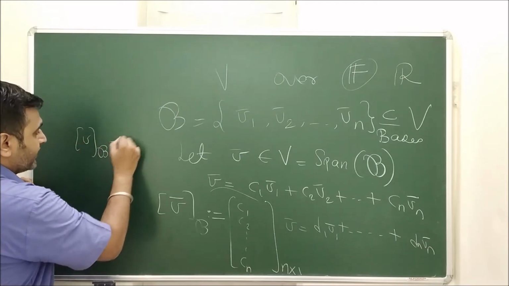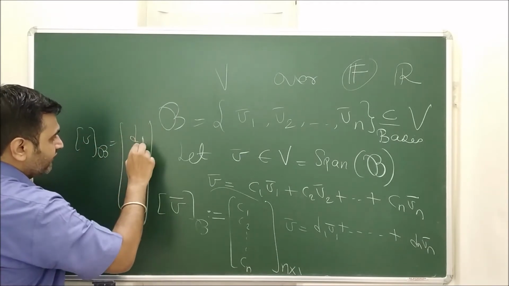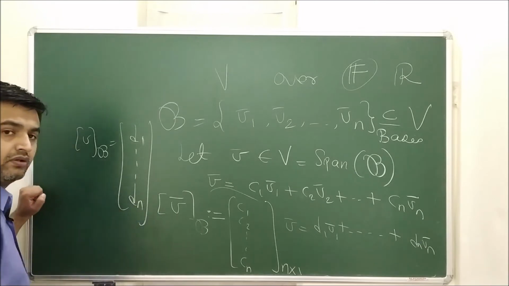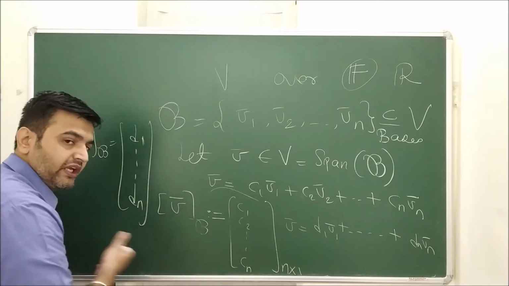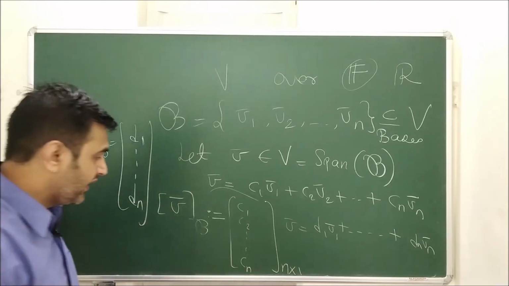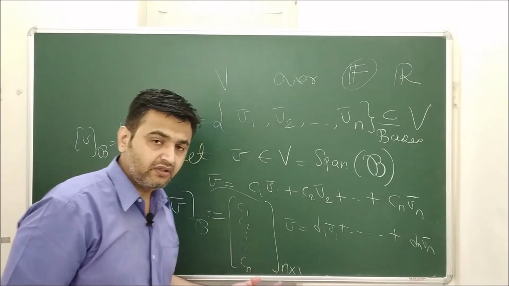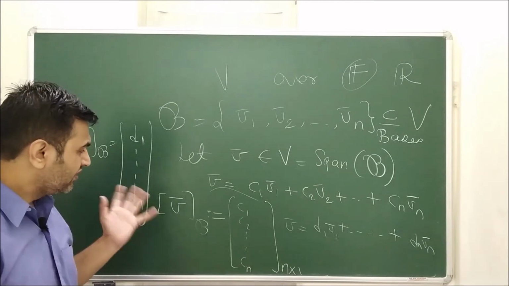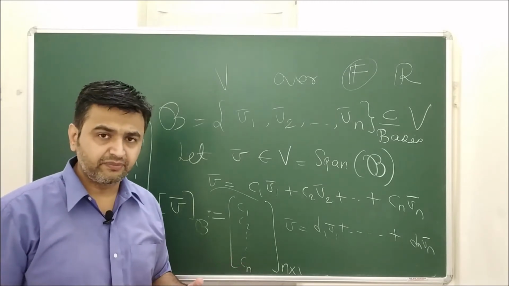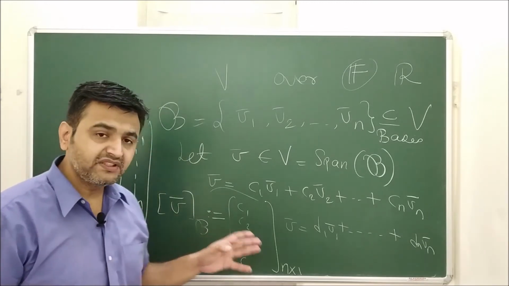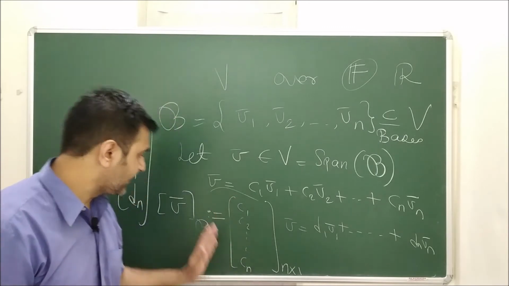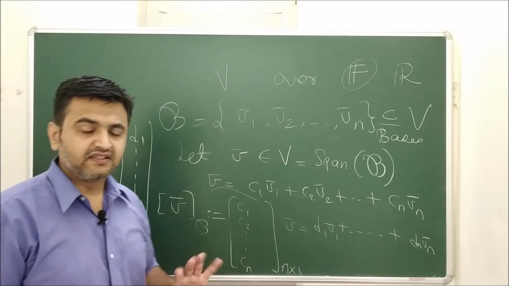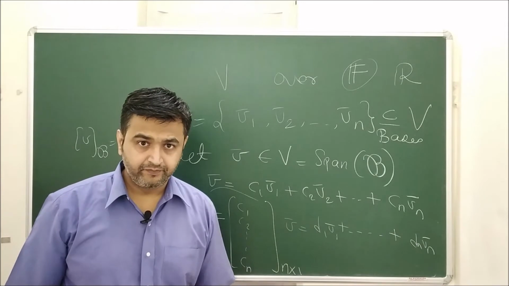Your coordinate vector will be d1 to dn. But this should not happen, right? If I am working on a problem and playing with this coordinate vector, and you are also playing with this coordinate vector, then things are different, right? It should not happen. That means this concept is not well defined if my ci's are different from di's.